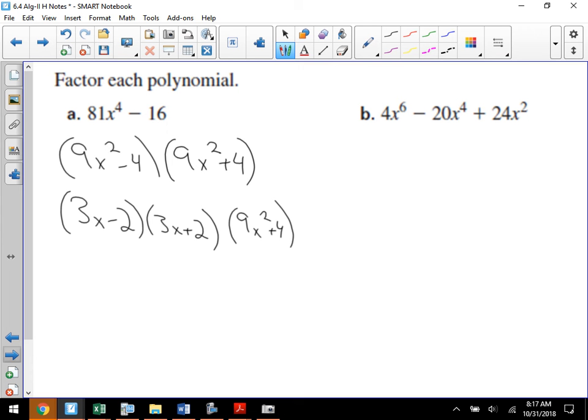Your first rule of factoring is always to do what? GCF. What's my GCF here, guys? 4x squared, very good. So if I factor out a 4x squared, I'm left with x to the 4th minus 5x squared plus 6. You okay with that?